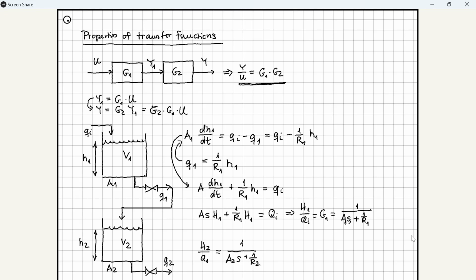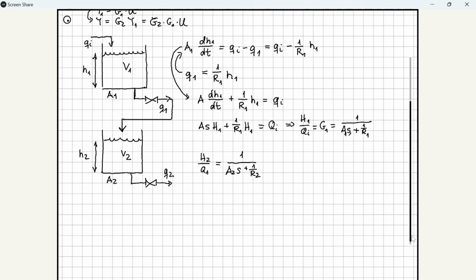So if I wanted to put these two things in series, I can simply multiply the dynamics, and I get the relationship between the two systems based on this input function. So this is how this can be useful.